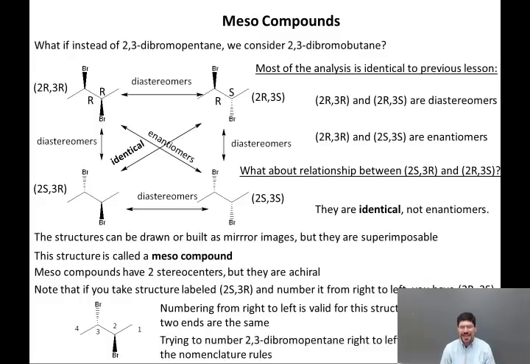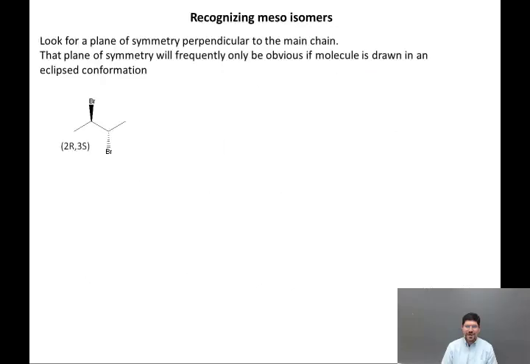If you tried to take 2,3-dibromopentane, the structure we looked at last time, and number it from right to left, that would violate the nomenclature rules. If you tried to number it from right to left, you would then get 3,4-dibromopentane, which is wrong, and also would not be the same name as numbering from left to right.